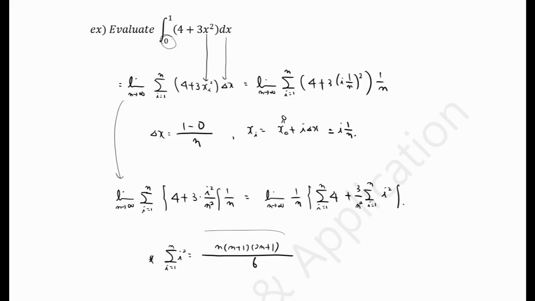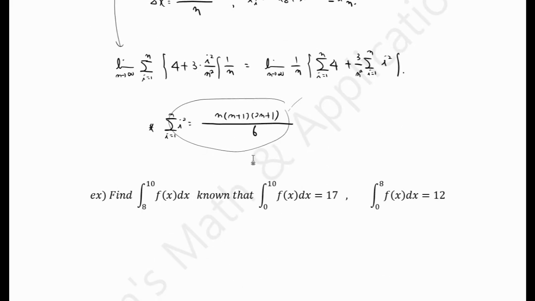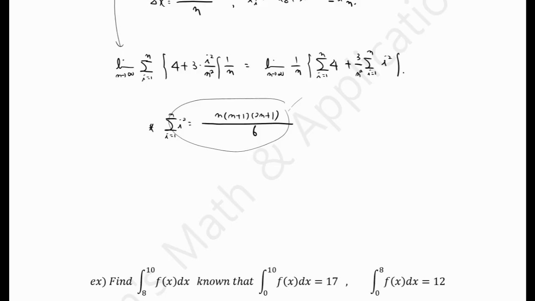We input this formula into the Riemann sum. So the Riemann sum is the limit as n approaches infinity of 1 over n times 4n plus 3 over n squared times n(n plus 1)(2n plus 1) over 6. The n cancels.